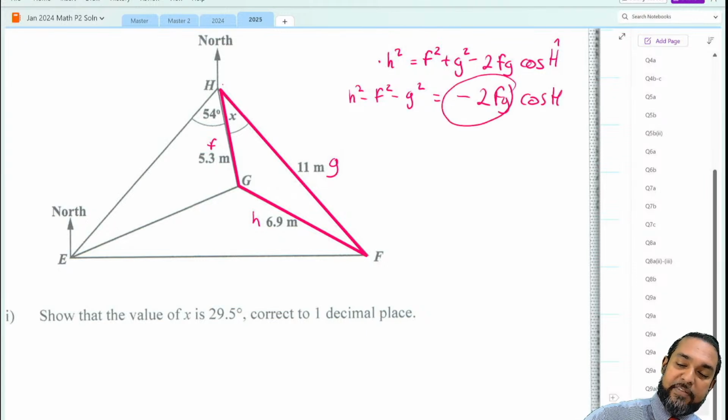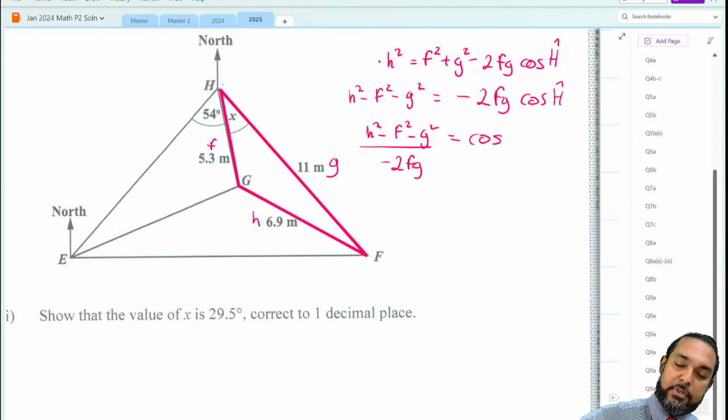And now you have to move the minus 2fg, which is attached by multiplication. And how do we remove something attached by multiplication? Division. So we'll have h squared minus f squared minus g squared all over minus 2fg, and that's equal to cosine h. And how do we undo our cosine? We find the cos inverse.